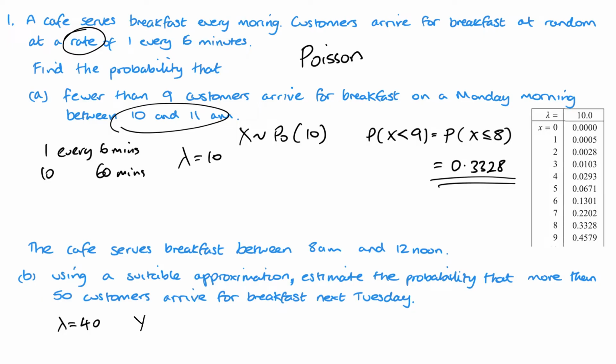So this is going to give me that Y for normal is going to be 40 and 40. As if you remember, our mean and our variance are the same.